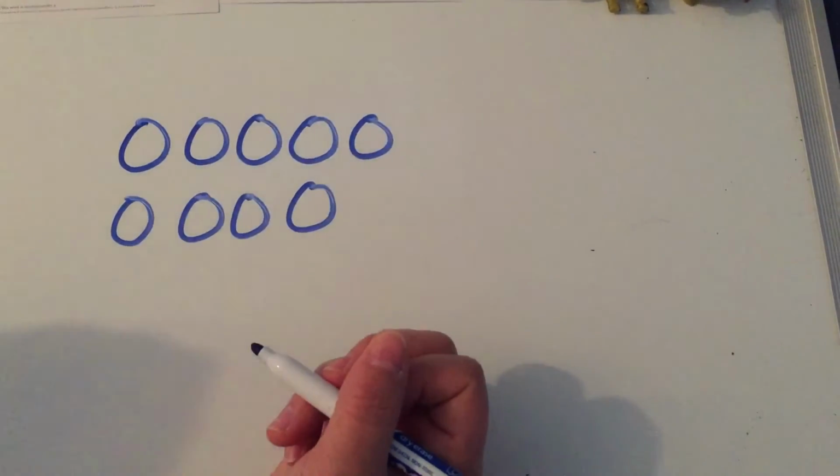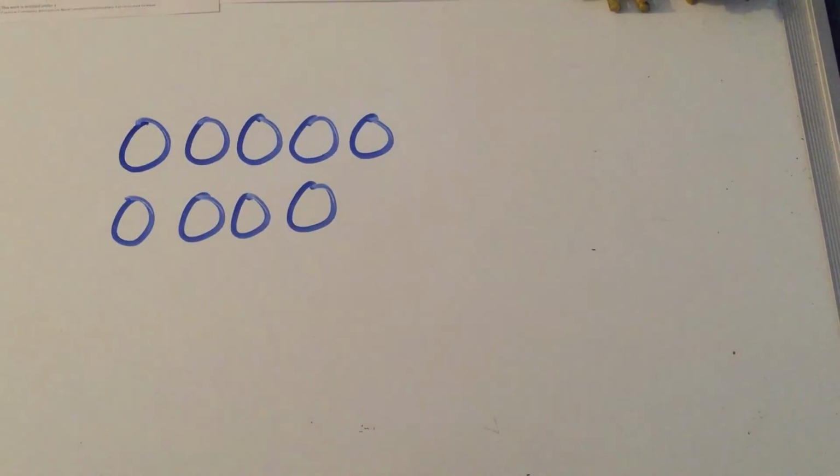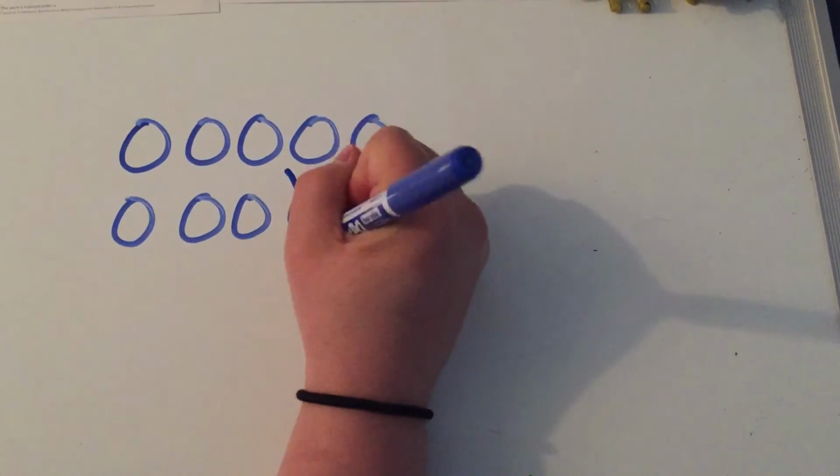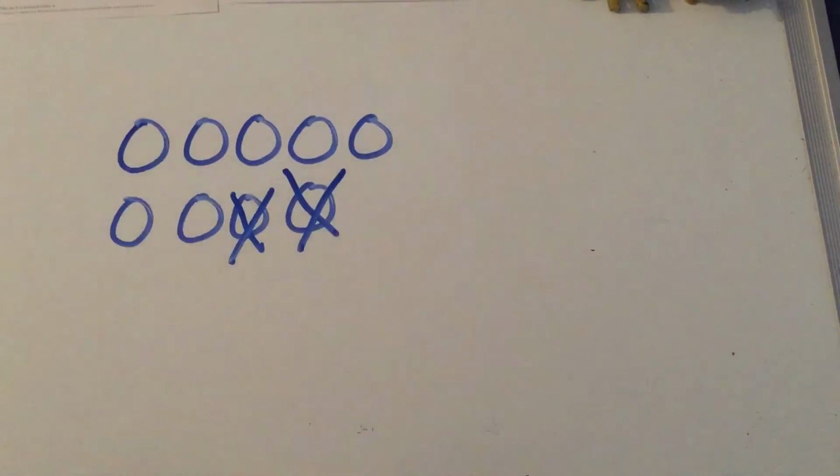Like with our dinosaurs, we were able to pick them up and take them away. When we're working just on dry erase boards or paper, what can we do to show take away? You're right, we can cross them out. So 2 bears went to go find honey. So we're gonna cross out 2 circles to show that we took them away.